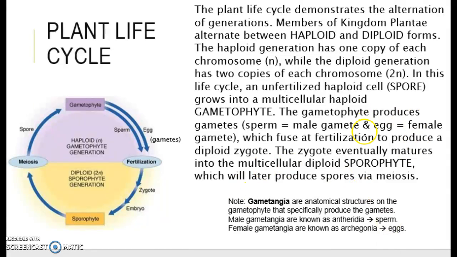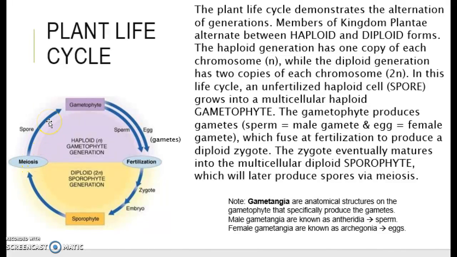This right here is going to demonstrate the alternation of generations. If you look here, you see your spore, and you see your sperm and egg gametes. Of course, sperm and egg have to go through the process of fertilization to get the zygote, which is going to form the embryo of that sporophyte. Meiosis is a very important component in this life cycle.